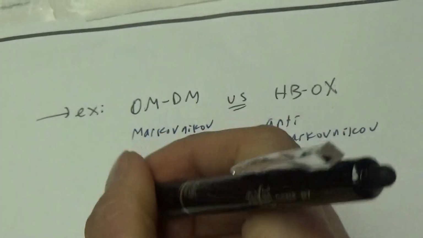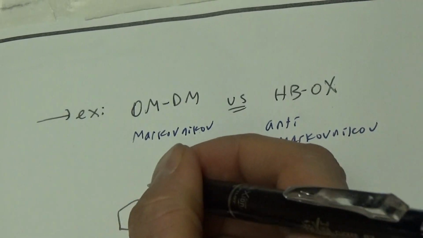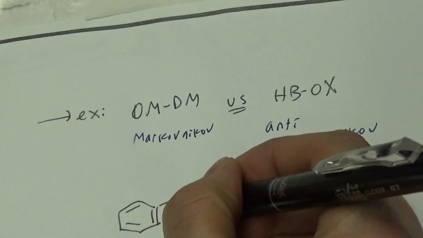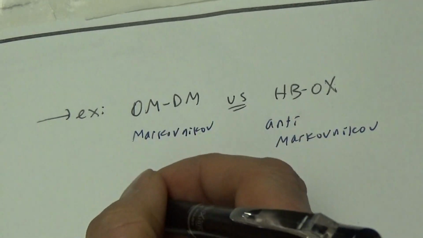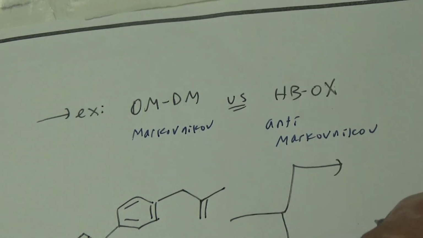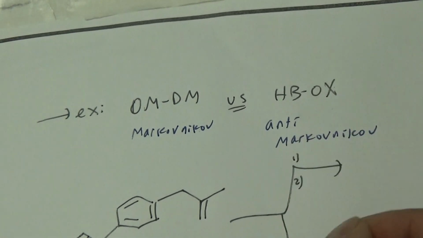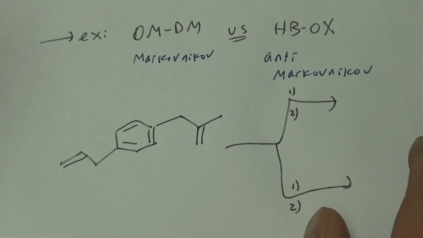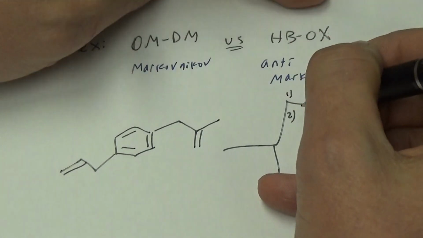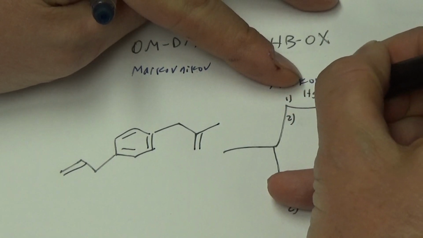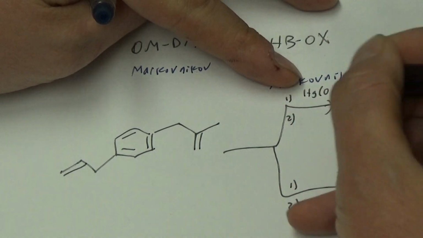And let's just draw an example where we do one or the other. Okay, top one will be oxymercuration. It's HgOAc2 and water.